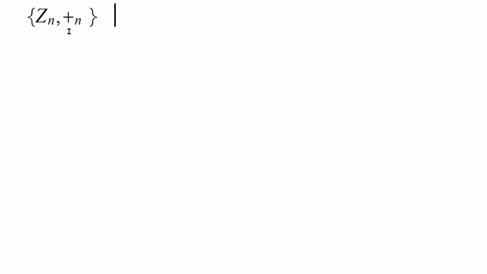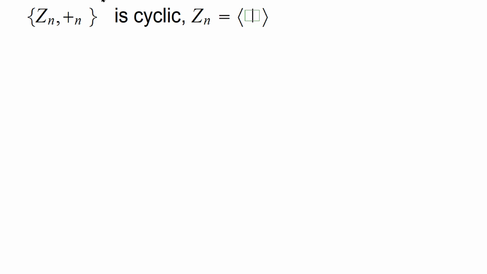Now you can see that the group of integers modulo n with respect to addition modulo n, for positive integers n, is cyclic, all right, because you can just verify that Zn is going to be generated by, just as in the case of Z, the element 1, or the equivalence class of 1 bar.